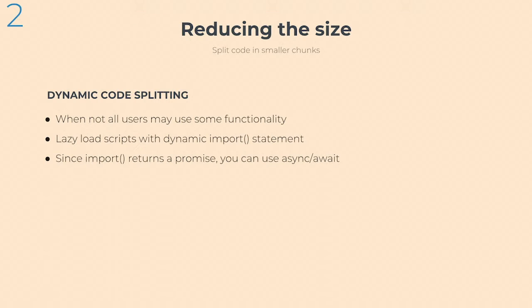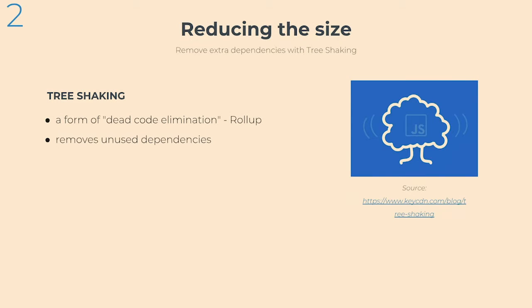Tree shaking is also another important thing that we can do. It's a form of dead code elimination, as Rollup calls it. What it actually does is remove unused dependencies. This technique works because it addresses a common problem of JavaScript heavy applications, which is the inclusion of code that is never really used.